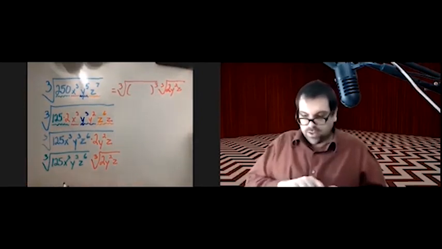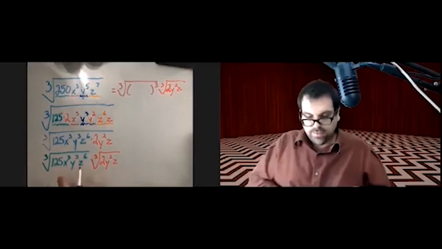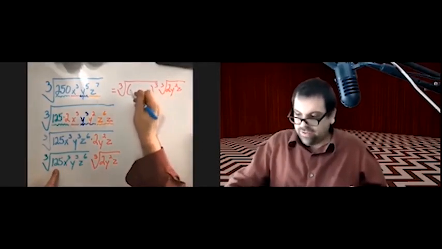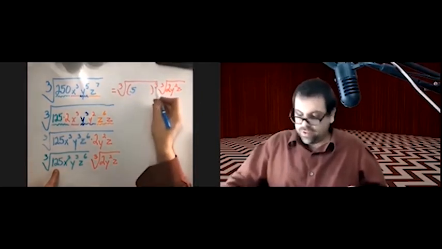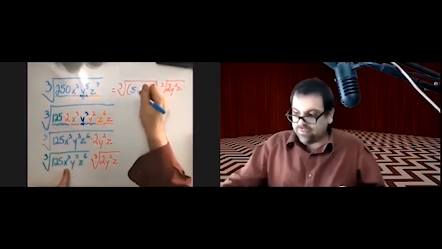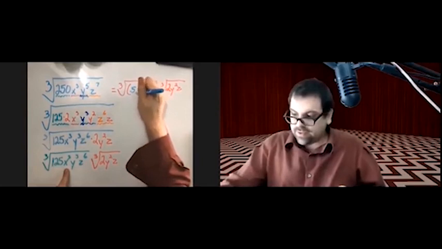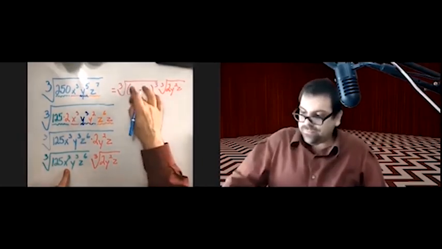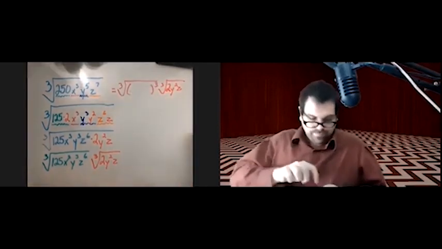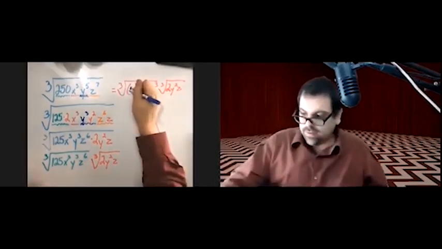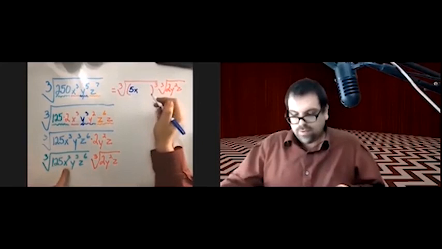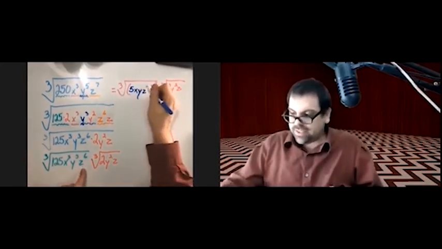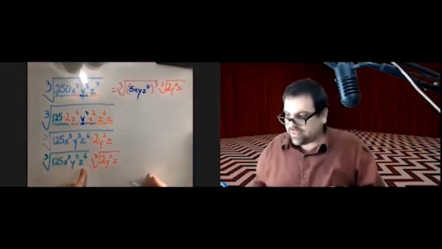What are the things that we cube? Well, 5 cubed is 125. X cubed is x cubed. Y cubed is y cubed, and z squared cubed is z to the 6th.